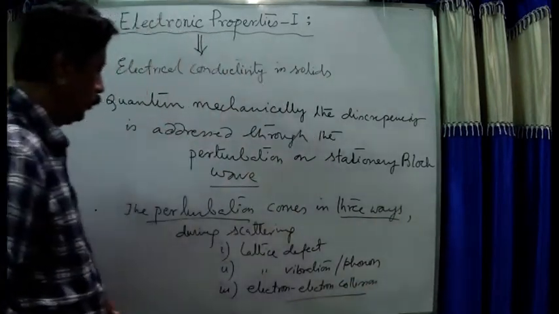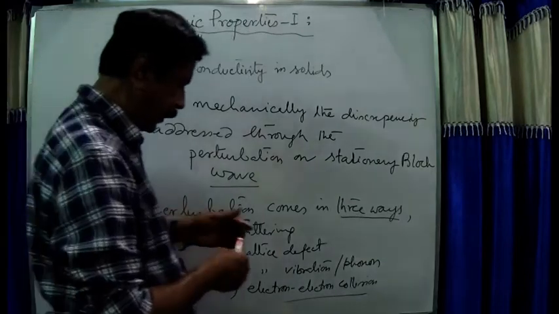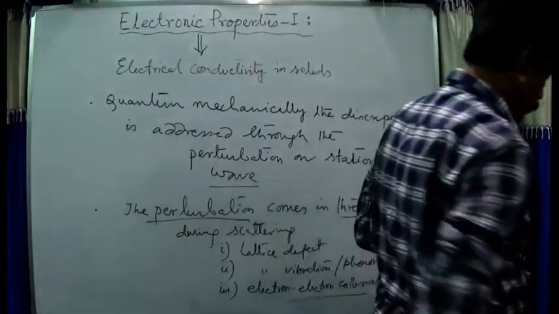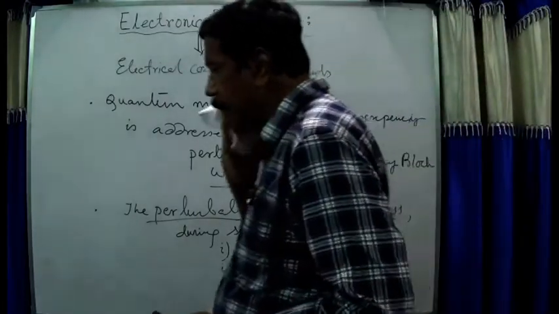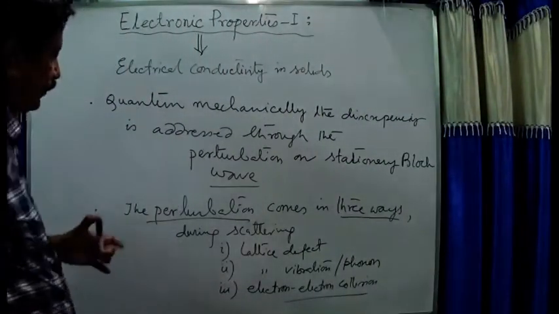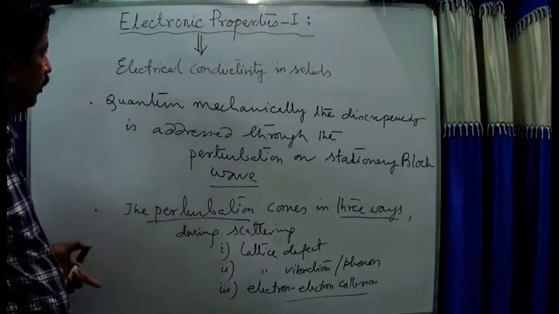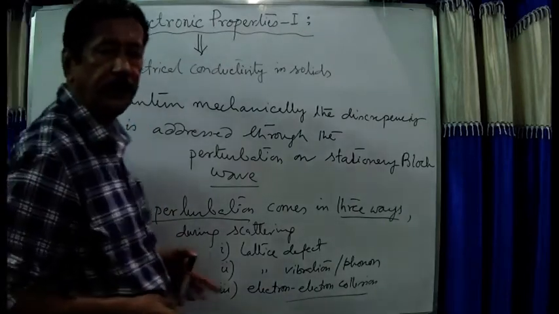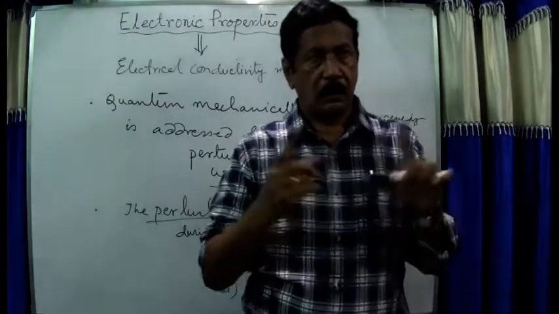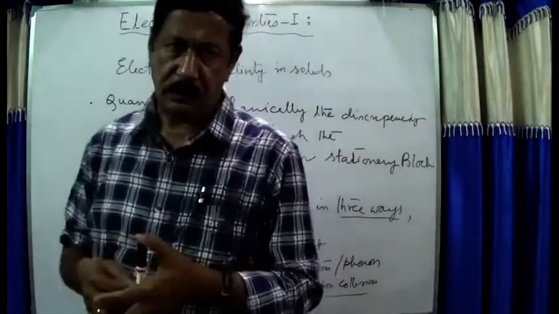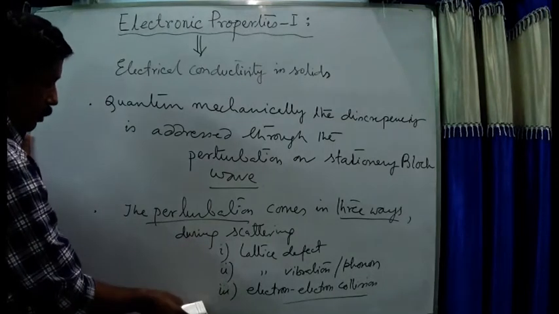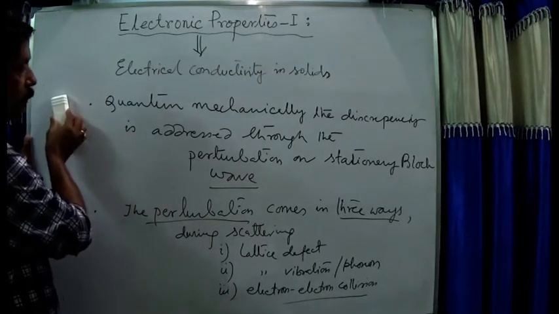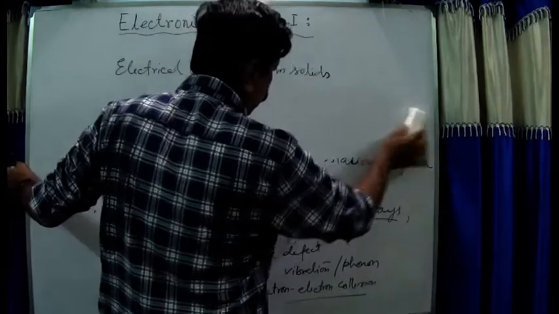Okay, so these are the three types of scattering that we shall discuss to some extent elaborately before going to the derivation of the Boltzmann equation, right? Let us discuss all these three events one by one.